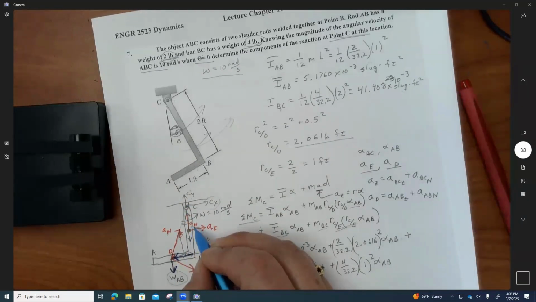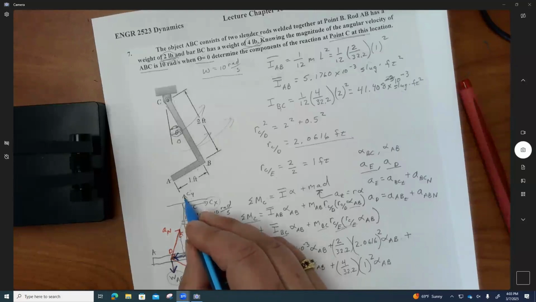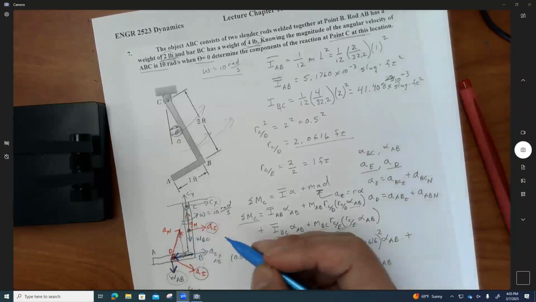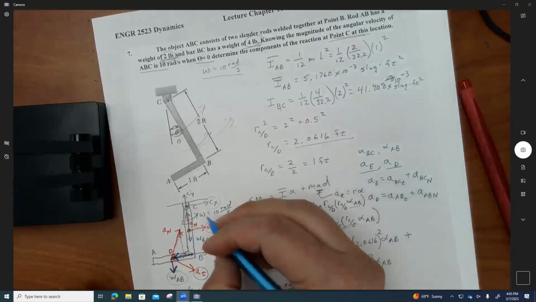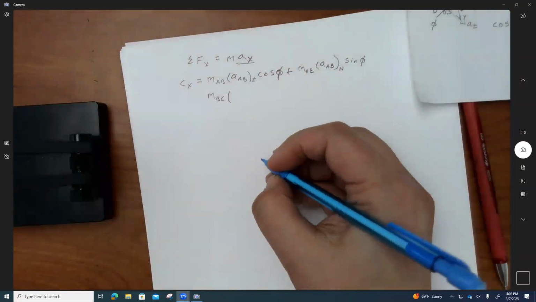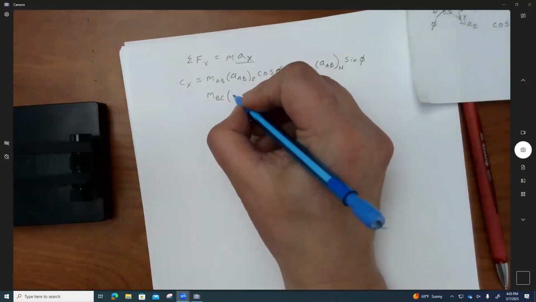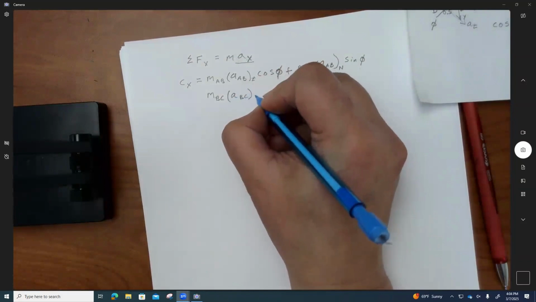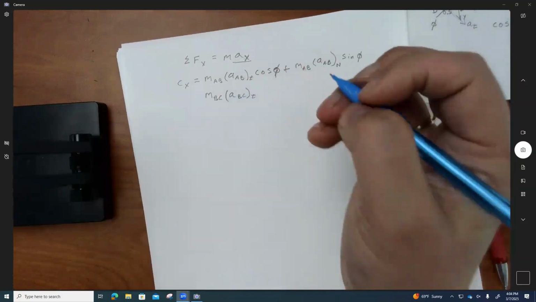The normal component goes straight through C. So only the tangential component will create a moment around C. And so we're going to need to focus in on the acceleration of BC in the tangential direction.